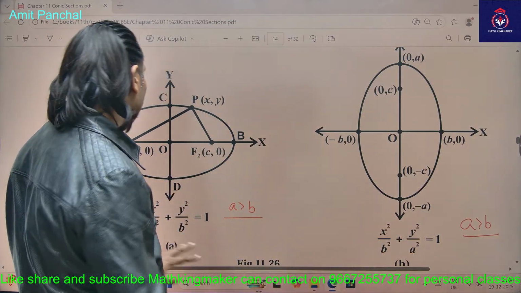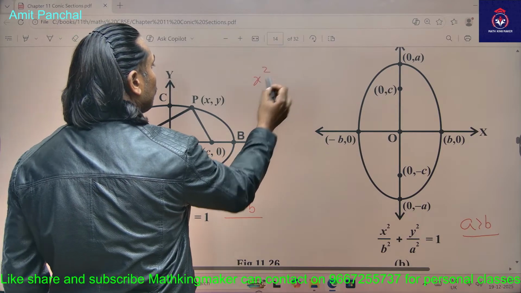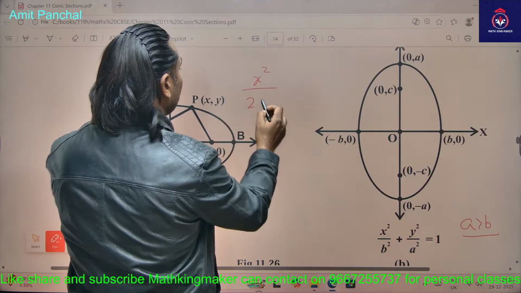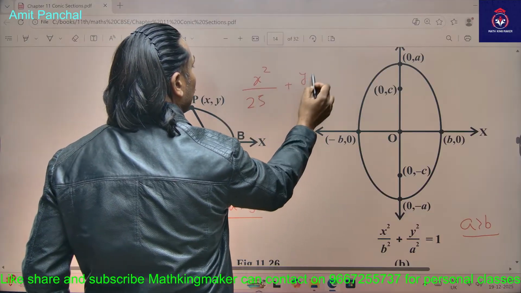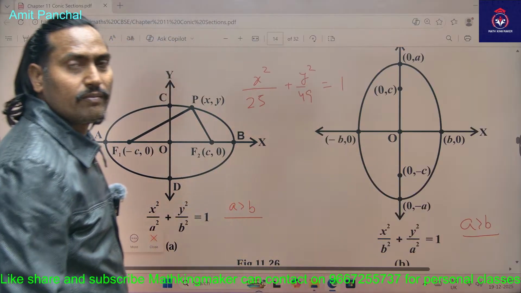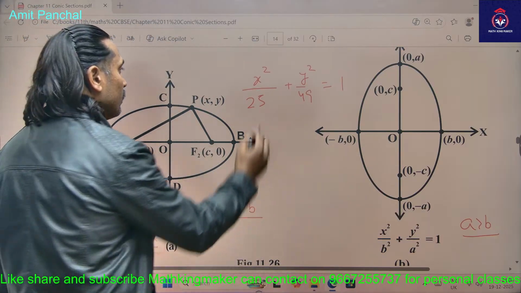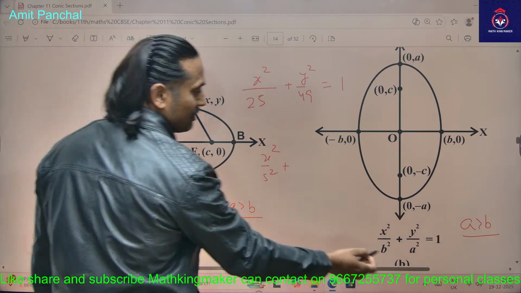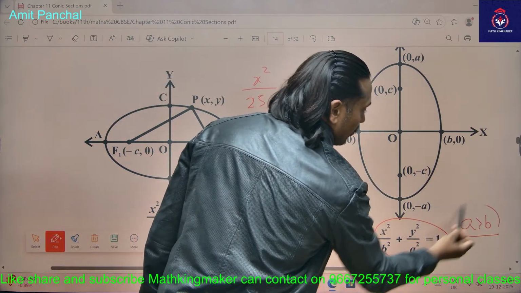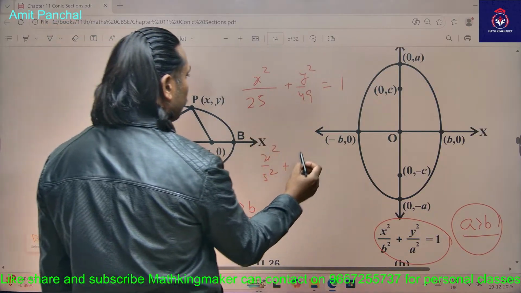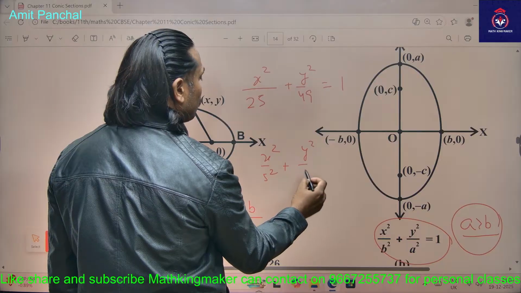You will understand it if something is written like x square by 25 plus y square by 49 equal to 1. We can write it as x square upon 5 square plus y square upon 7 square.